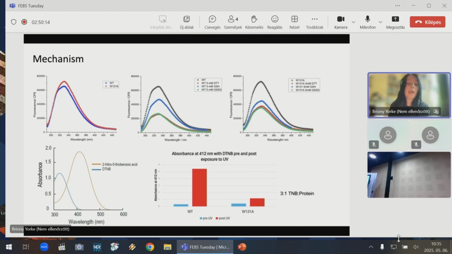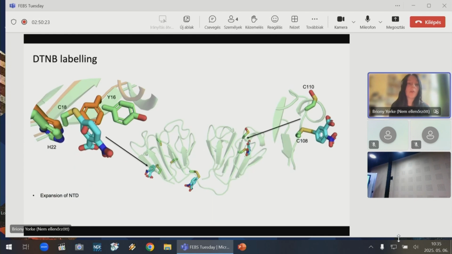We thought it was a sulfenic acid group, so we wanted to see what effect that was having after UV exposure of our proteins. And actually what we found was binding of the DTMB occurred at C41, sorry, and C108. However, we saw no evidence of binding at our C110 position where we have the sulfenic acid.